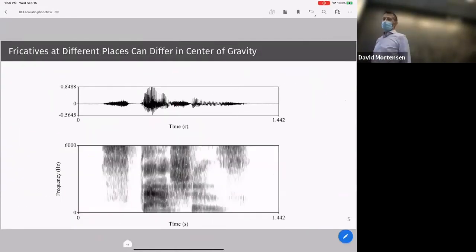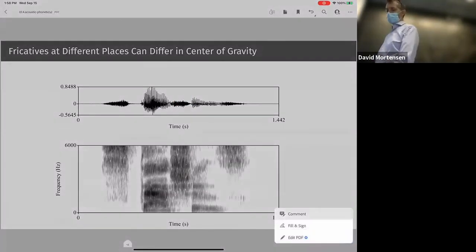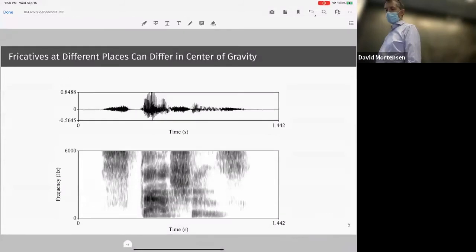Now let's talk about fricatives, one of my favorite consonant classes. So what is a fricative, just to review? It's when you narrow and force air through a narrow portion. So what do you think would happen if you forced air through a narrow constriction?